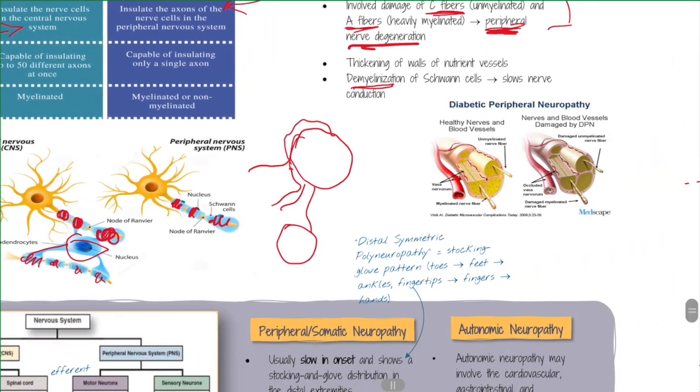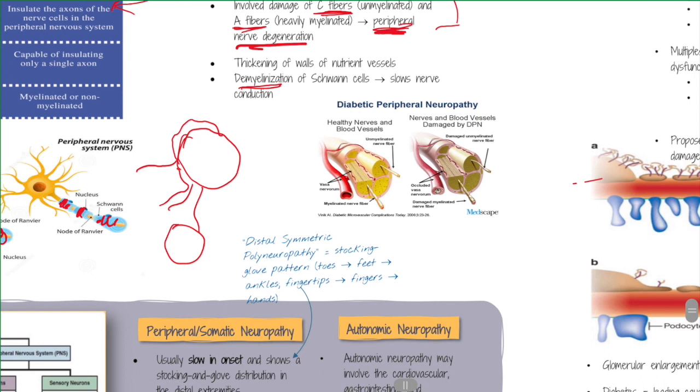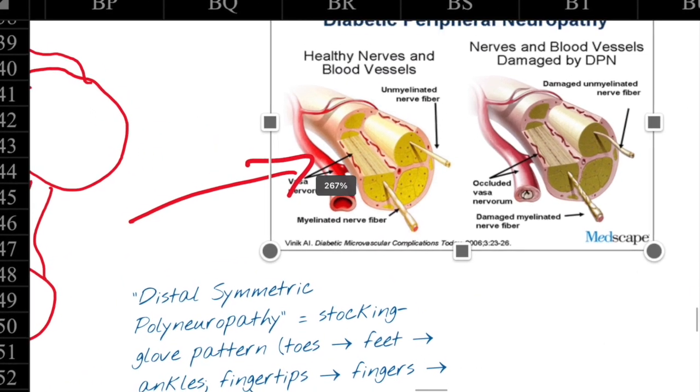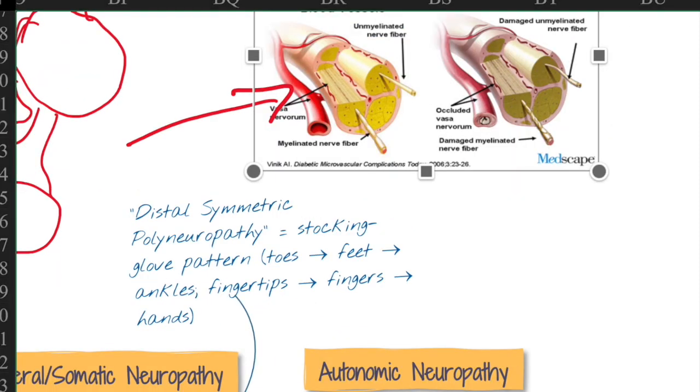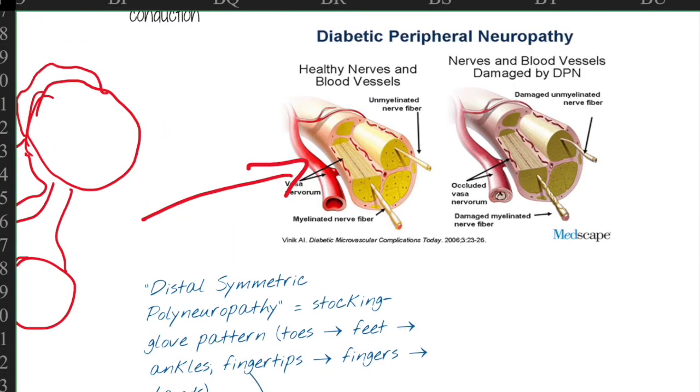So what happens in diabetic peripheral neuropathy? Here's a little picture of what a healthy nerve and blood vessel conglomeration looks like. Let me make this a little bit bigger so we can look at it. This here is your blood vessel.